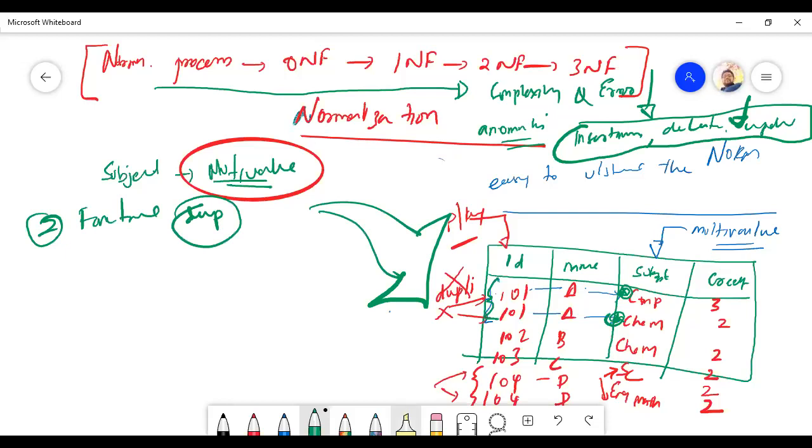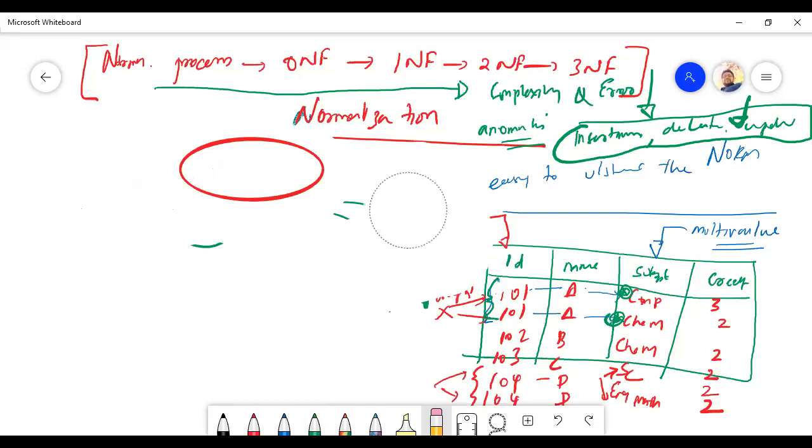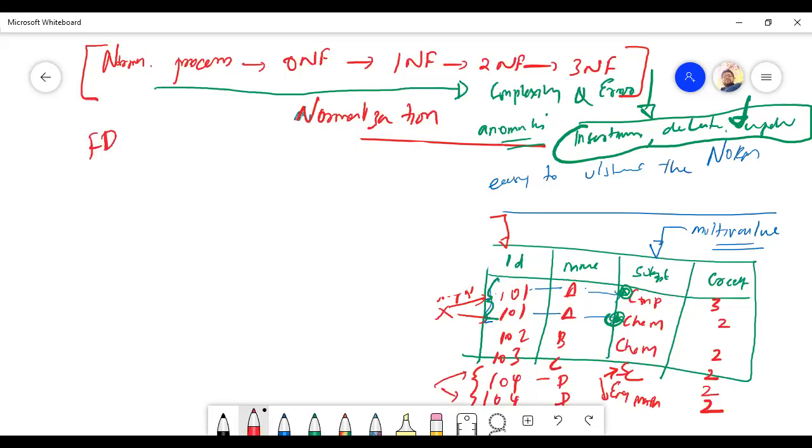Now I'm going to teach about the functional dependency. Try to understand it, which is easy, but you have to be very careful while you are looking into it.